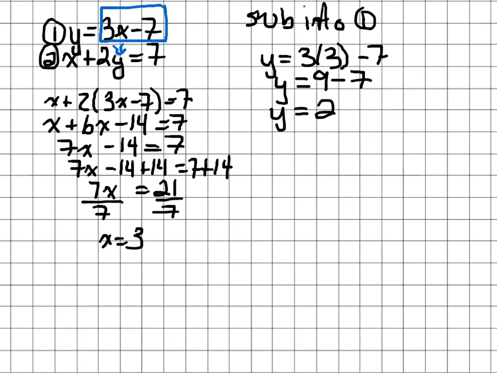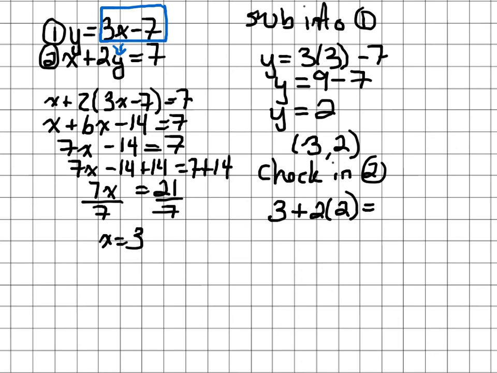Now I need to check to see if (3, 2) satisfies equation 2. We've used equation 1 to determine what y is. Now what we're going to do is check in equation 2. So I have x, which is 3, plus 2 times 2 is equal to 7. So I have 3 plus 4 equals 7, 7 equals 7.